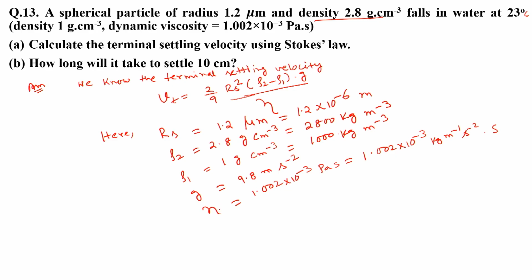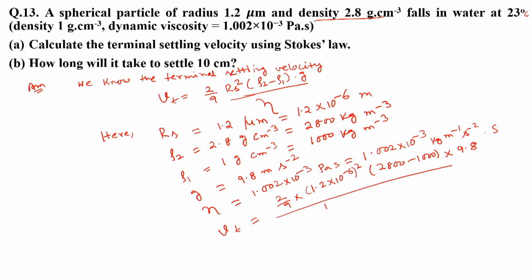So now we put all these values and we calculate Vt. Vt will be 2 by 9 times 1.2 times 10 to the minus 6 whole squared, and then density rho 2 minus rho 1, 2800 minus 1000, and then g is 9.8, and then eta is 1.002 times 10 to the minus 3.